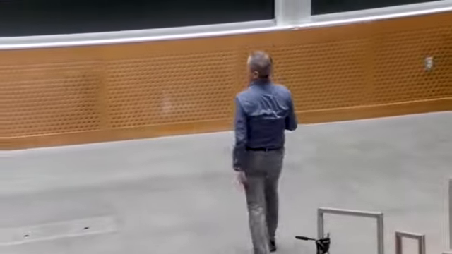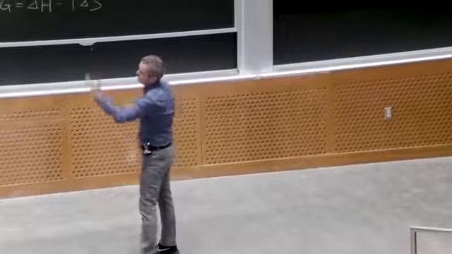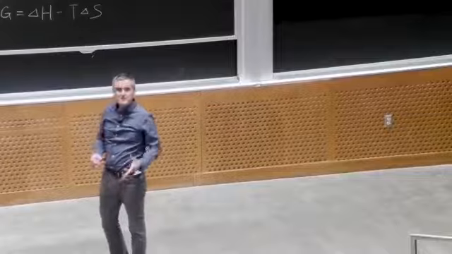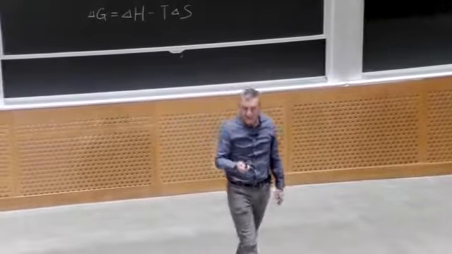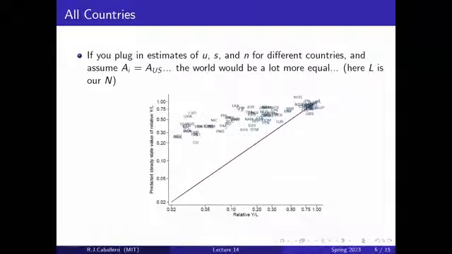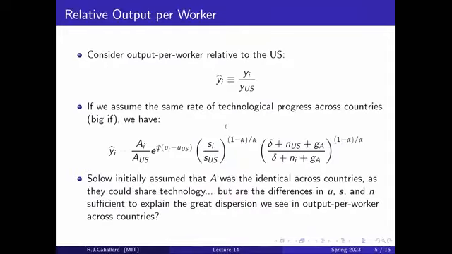So that was the first question. Suppose that technology is the same, but we measured all these other things: saving rate, population growth, common rate of technological progress, common depreciation across the world, and so on. How much can we explain of the income disparity? And the conclusion is the following. If the only differences behind incomes per capita were, a key thing that I forgot to mention is years of schooling.